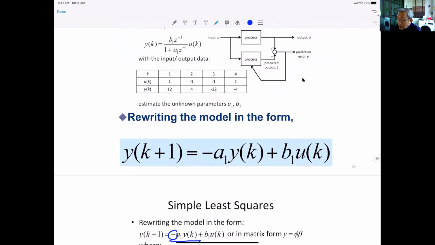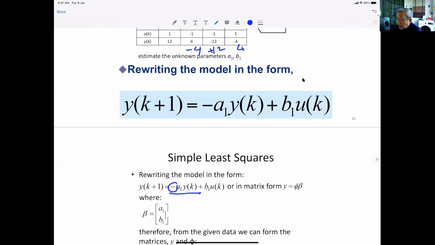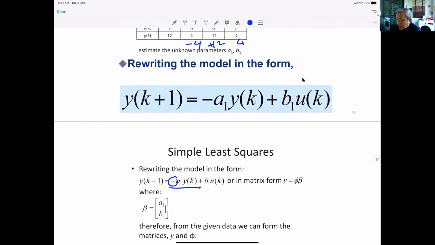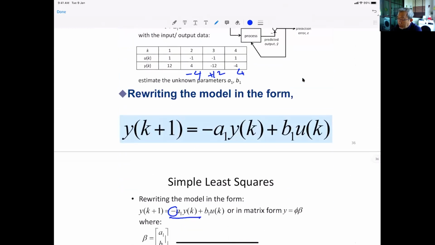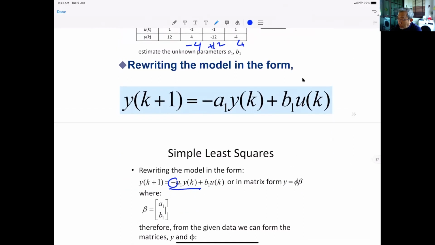This one is minus positive 4 giving minus 4, minus minus 12 giving positive 12, minus minus 4 giving positive 4. That's why you get 4, minus 12, and 4, directly from the data.